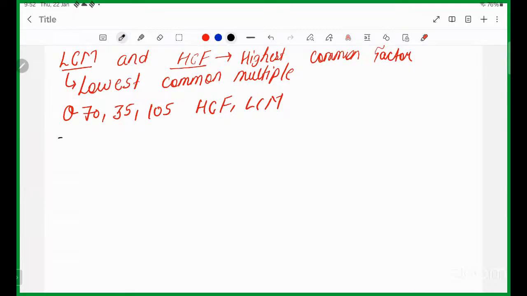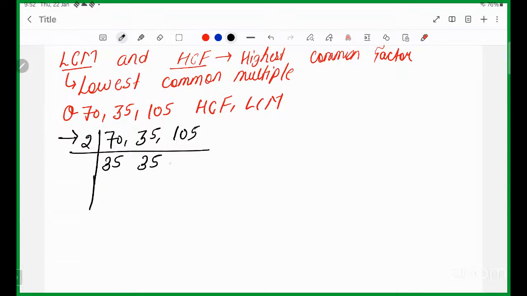To find LCM, we have two methods. First is prime factorization, other is this one. So we'll solve by this: 35 into 3, 105 into 2, 210 will be the LCM of it.